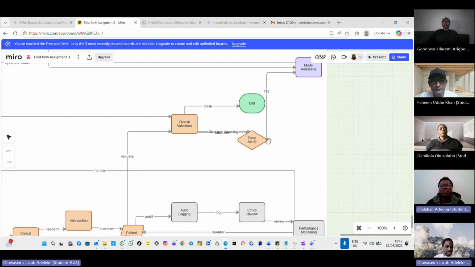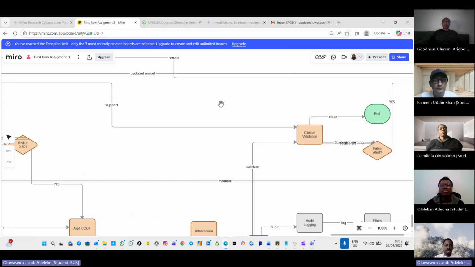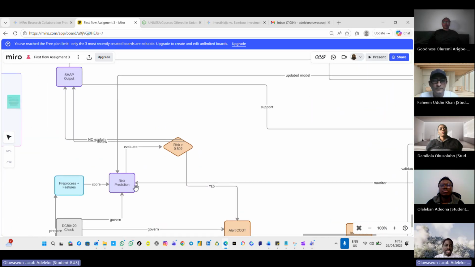This diamond shows the system handles errors gracefully by going back to the model retrain. It goes back to the first part, where we have the AI. It comes back to the risk predictions and tests whether it is greater than 0.80 or not.